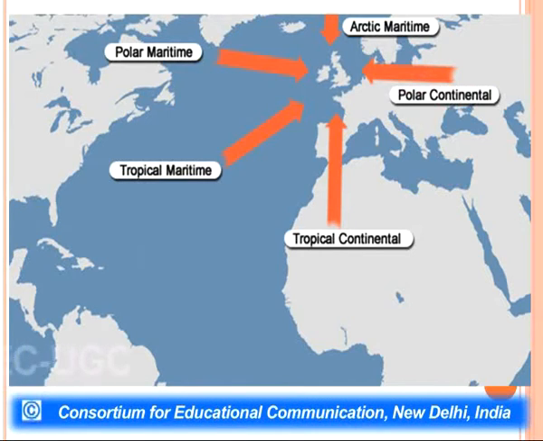Now, it's very interesting here, the CP which has cold condition because it is continental polar, and MT, maritime tropical, which has warm condition, both the air masses meet in the southern part of Europe and they develop a front.